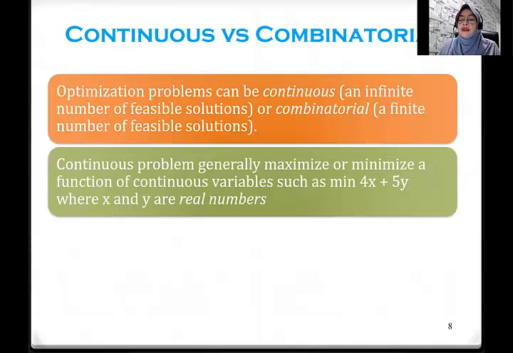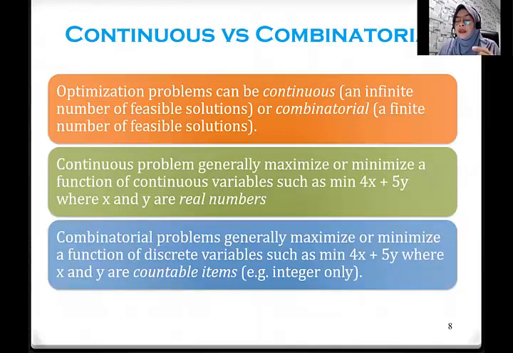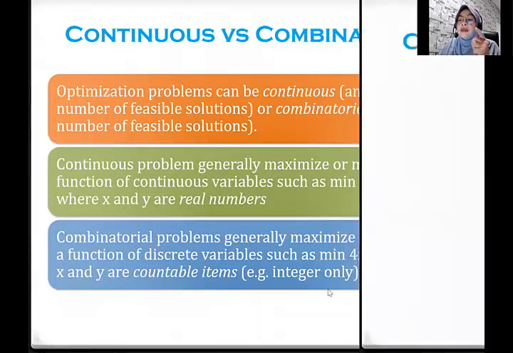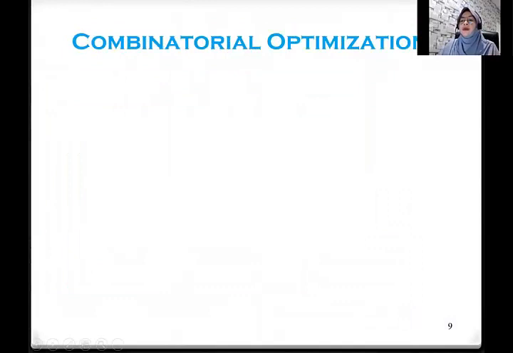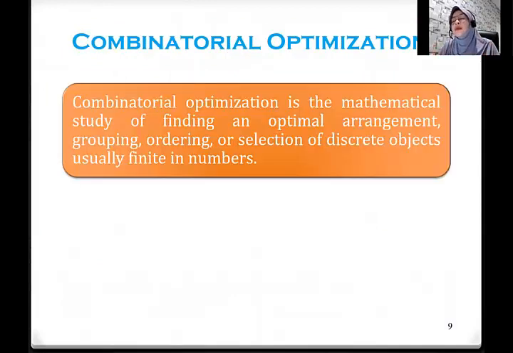On the other hand, combinatorial optimization deals with when x and y are integer values. Combinatorial optimization is the mathematical study of finding an optimal arrangement, grouping, ordering, or selection of discrete objects, usually finite in number. This is given by Lawler, 1976.